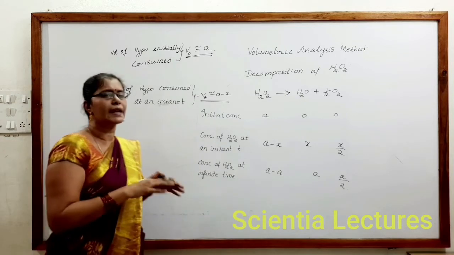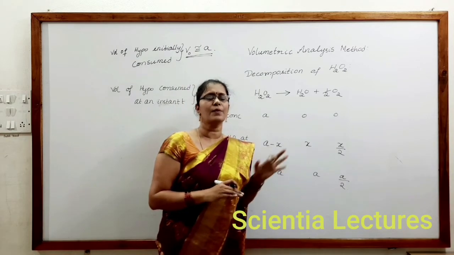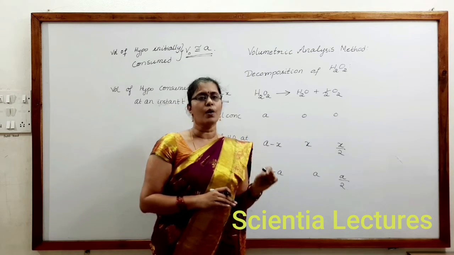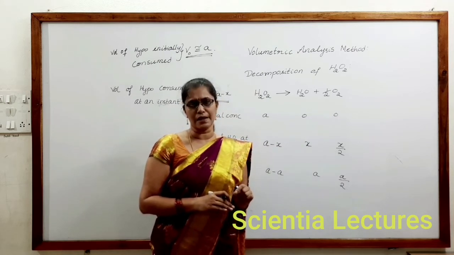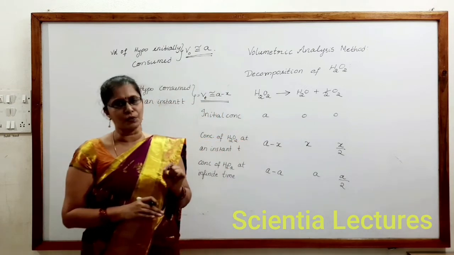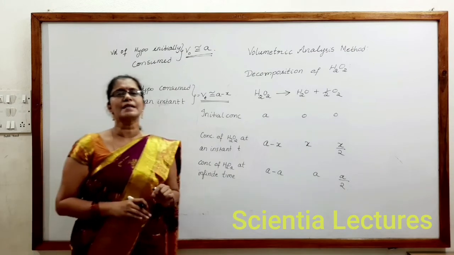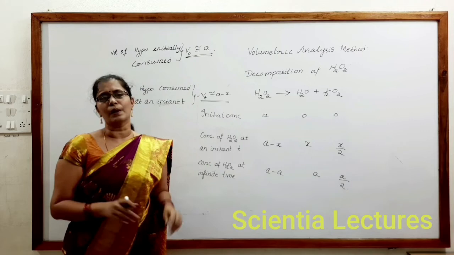All these things are an explanation of how to solve the problem when that information is given. So what will be given in the question? The volume of hypo initially consumed when titrated with hydrogen peroxide is V0, and the volume of hypo consumed at an instant T, Vt, is given to you. Nothing else will be given.